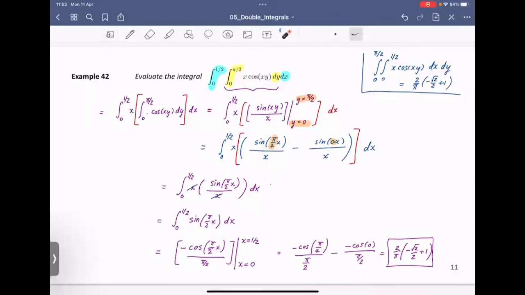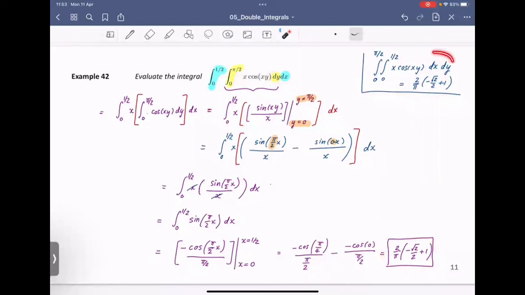This type of problem, dy dx is easy, dx dy is hard, but they give you the same answer. Sometimes when you see the question, you can switch the order of integration if you want. If you feel like switching makes the world a lot easier for you.